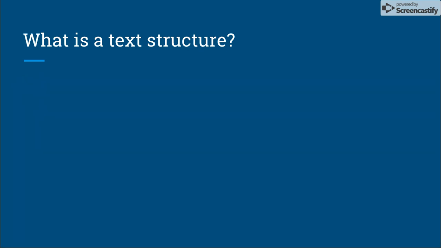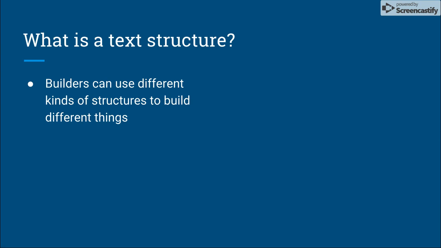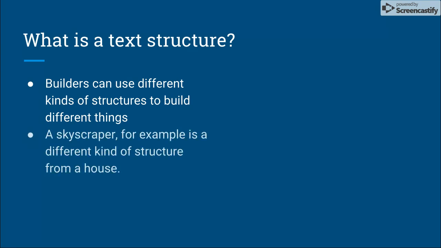All right, so similar to builders who can use different kinds of structures to build different things, writers can too. So a skyscraper, for example, is a different kind of structure than a house. A skyscraper is big and tall. A house is normally cute and little. So they use different types of things in order to build these structures.